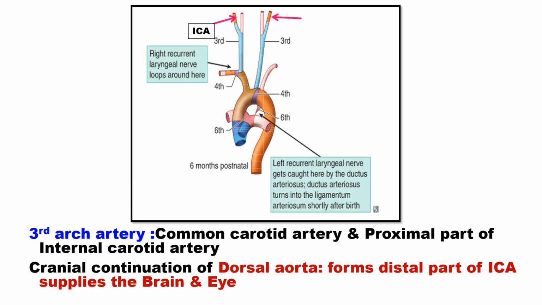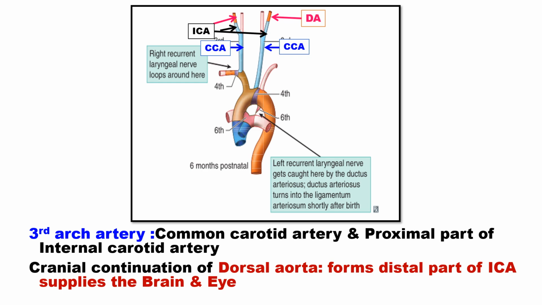So finally, to conclude, the third aortic arch artery forms the common carotid artery on both sides and the proximal part of the internal carotid artery. The cranial continuation of the internal carotid artery is formed by the cranial continuation of the dorsal aorta, which forms the distal part of the internal carotid artery.